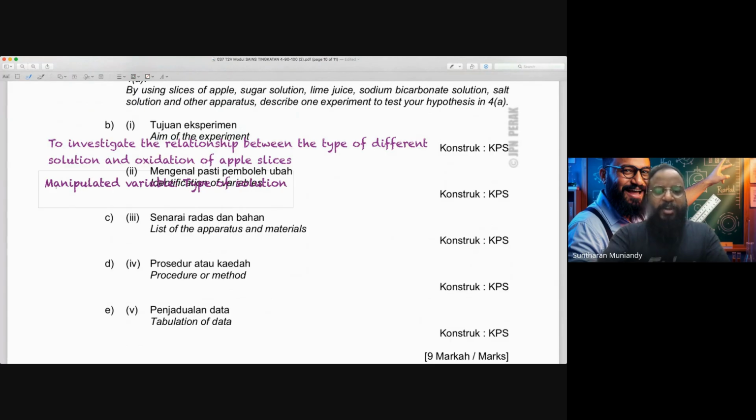And then responding variable. You got color change on the apple slices.